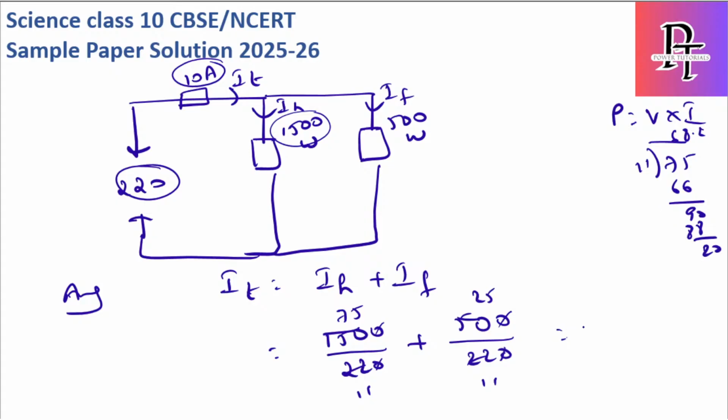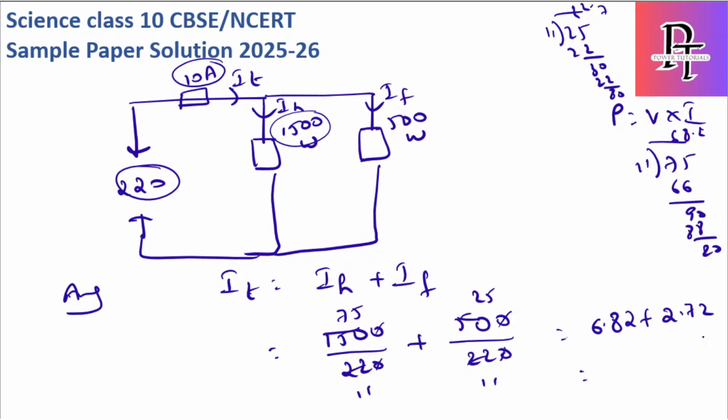So write this value as 6.82. And this value, 25 by 11: 11 twos are 22, remainder 3, 30, 11 twos are 22, remainder 8, 80, and 11 sevens. It is 2.27.